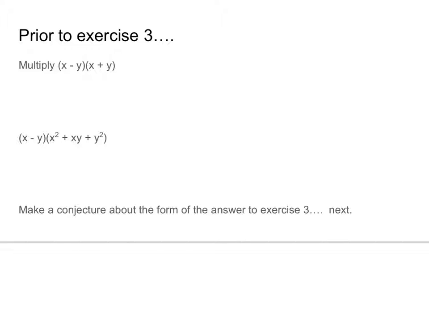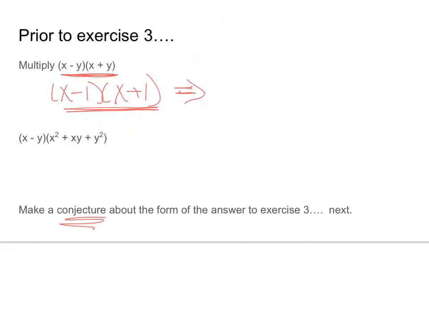All right. So I've got exercise 3 on the next slide, but prior to that, I want to multiply these polynomials together. Okay, I'm going to form a pattern. We just talked about this one, except we had x minus 1 times x plus 1. So can you make a conjecture about the form of the answer? Okay, what's this going to look like using what we learned in the past few slides?